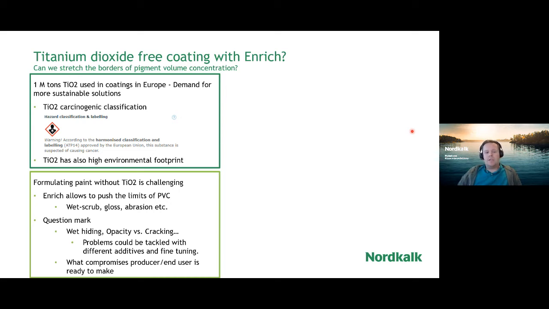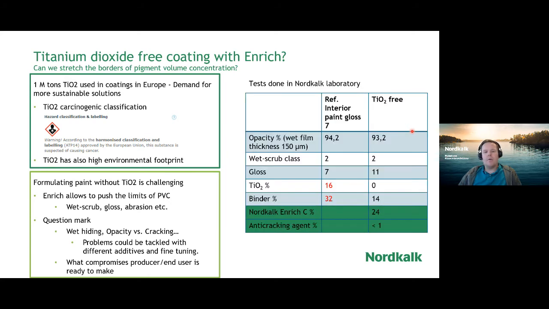But then it comes to these question marks: how about wet hiding, opacity versus cracking? But we have seen in our laboratory that at least some of these points can be tackled and fine-tuned. Here is one example.